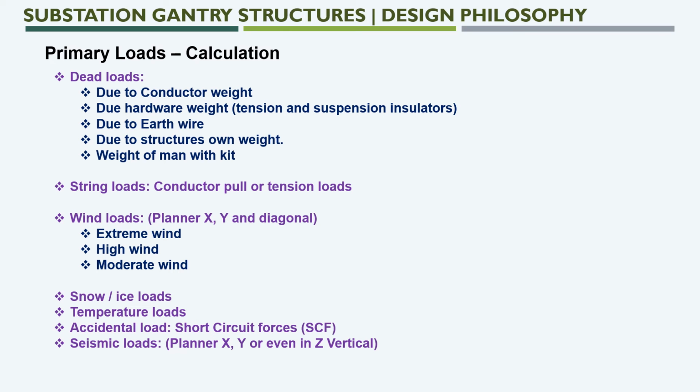If it is minus 40 degrees, as the connected conductor has a longer span, say for example 50 to 100 meters from the transmission line to the substation tower, these temperature variations will tend to create more pull or sag.